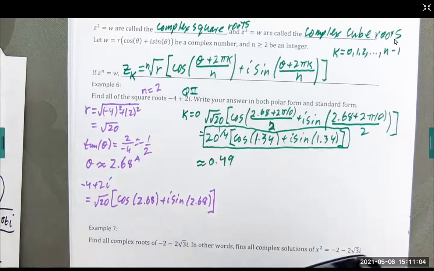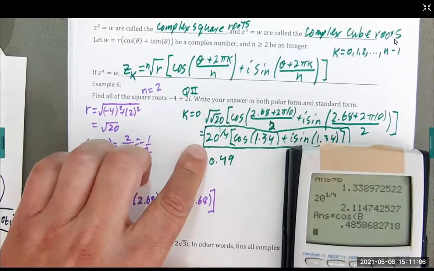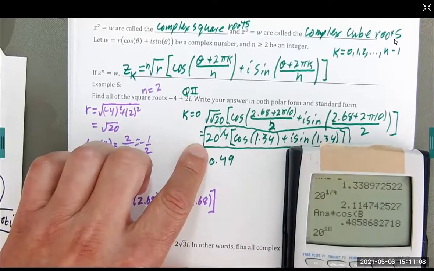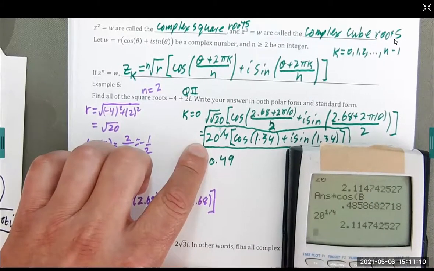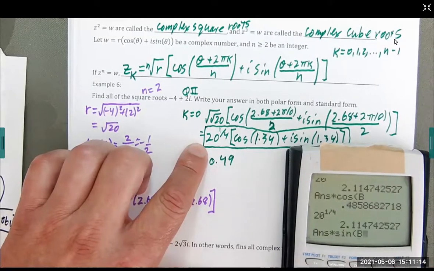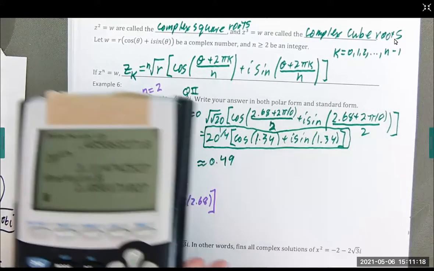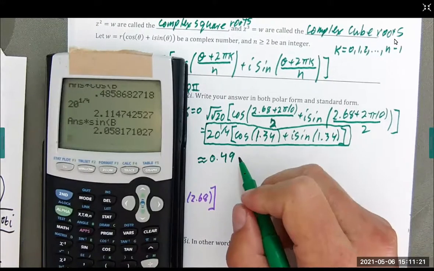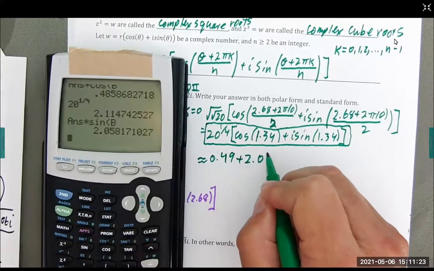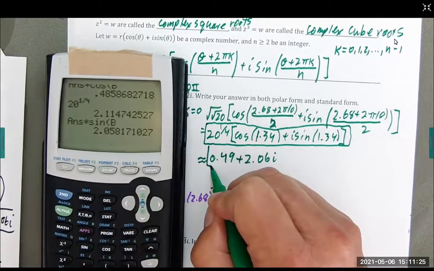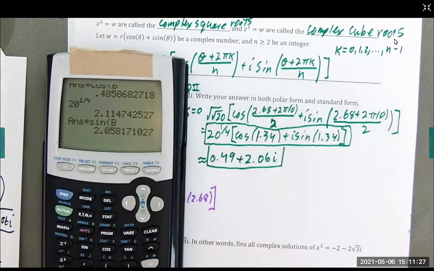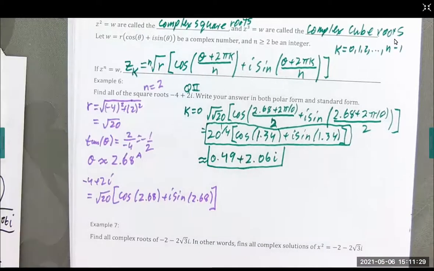And then I go 20 raised to the 1/4 power times the sine of B, and that is a positive 2.06i. So here it is in standard form. Now that's k equals 0. We are now going to do k equals 1.